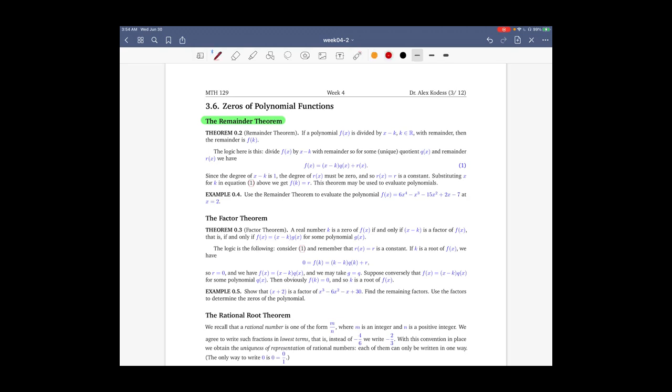If we now substitute x for k in this equation, k minus k naturally is 0, so this entire term is 0. We immediately get that f at k equals r. Remainder equals the value of our dividend polynomial computed at that point k.